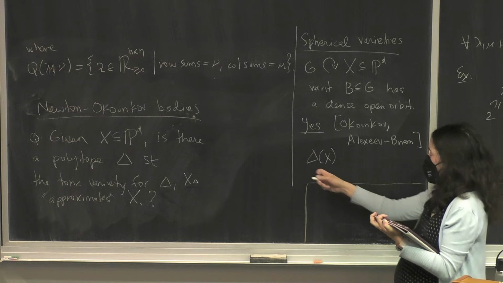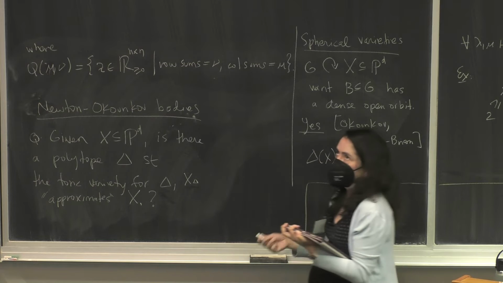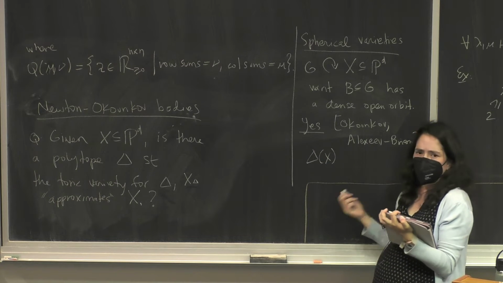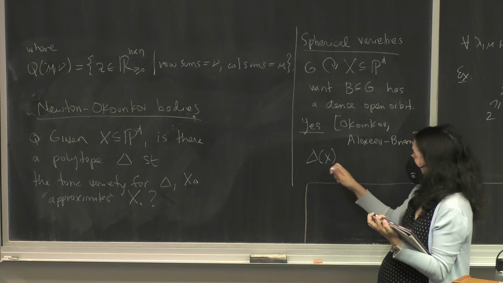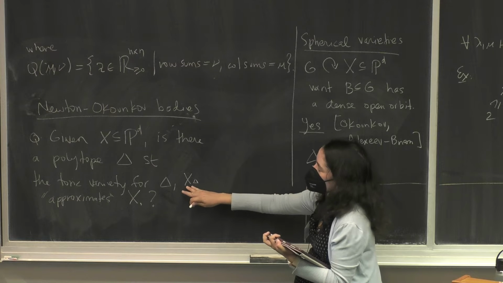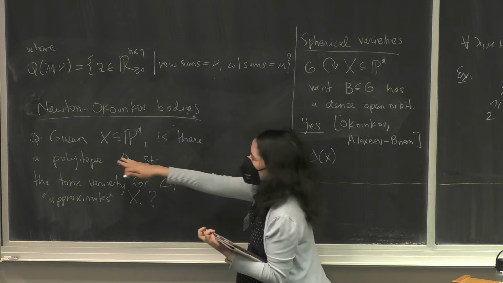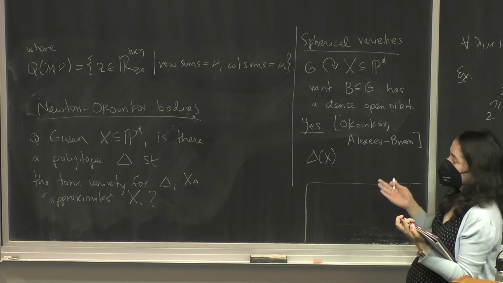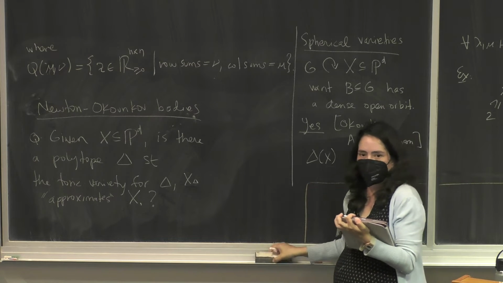So for these, the answer is yes. One way in which it approximates your variety is a toric degeneration, if you know about that, but also, tying up, we heard about Hilbert functions. The Hilbert function for this toric variety is the same as the Hilbert function for this projective variety. So you can think of some numerical invariant being preserved between the two varieties.